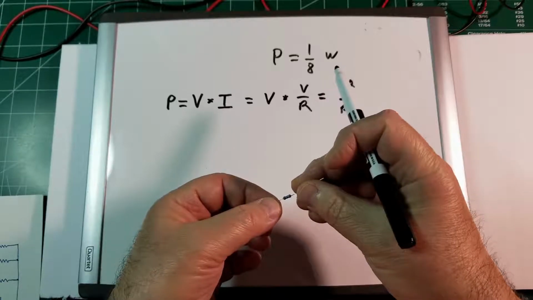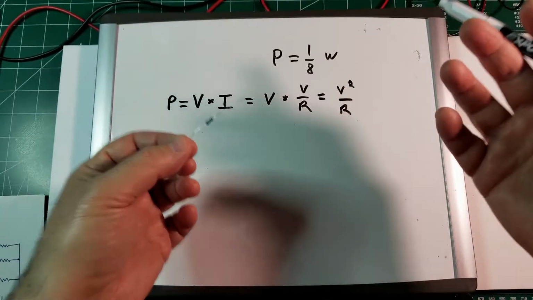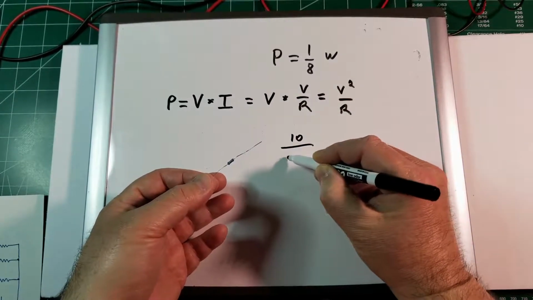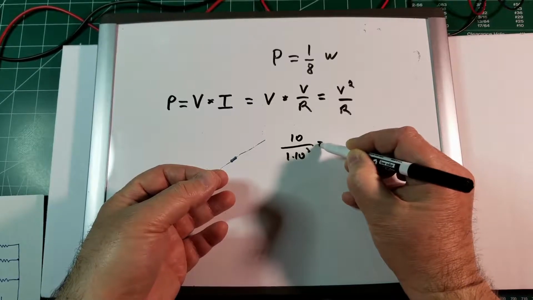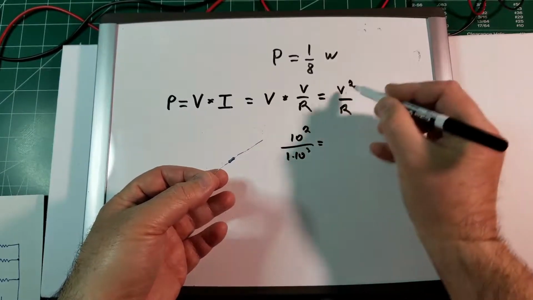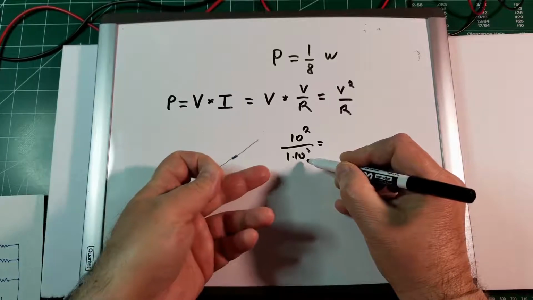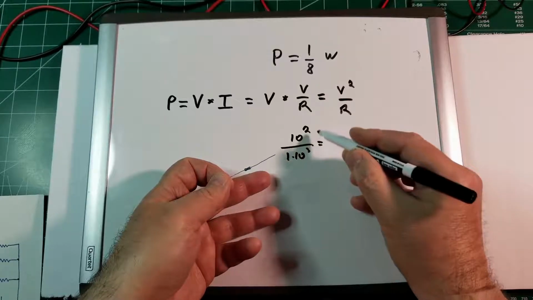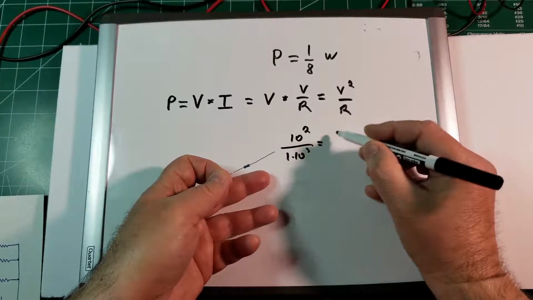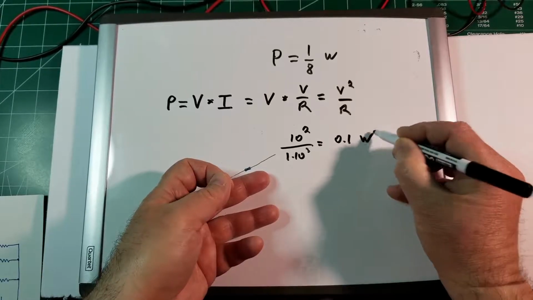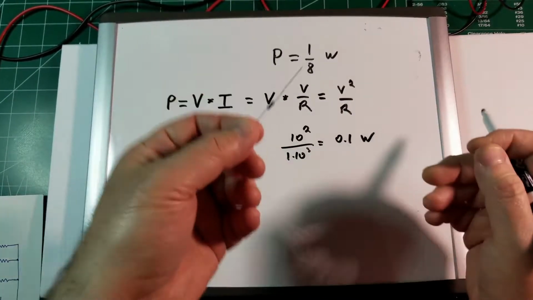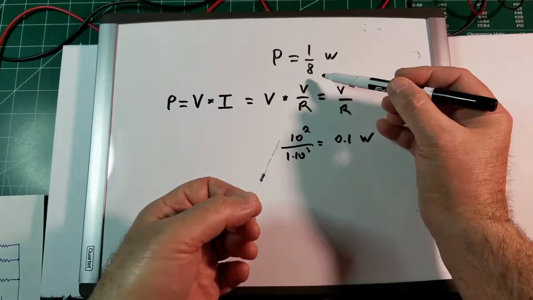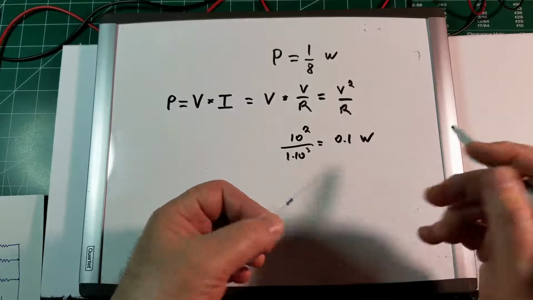So if I apply, for example, 10 volt on a resistor that is 1 kilo ohm, 10 volt over 1 kilo ohm, I would have 10 to the power of 2 divided by 1 times 10 to the power of 3, which is about 0.1 watts. A resistor like this is perfectly fine with something like that, because it can dissipate up to 1/8 of a watt, which is greater than this. So it's fine.